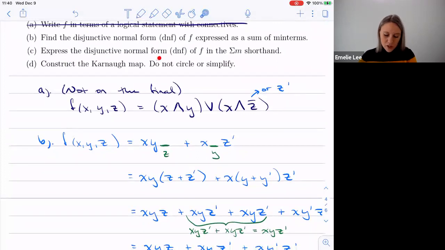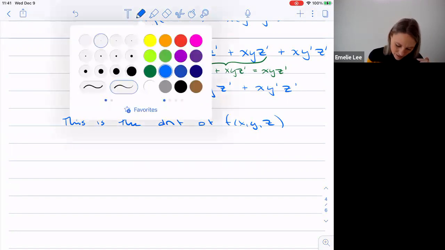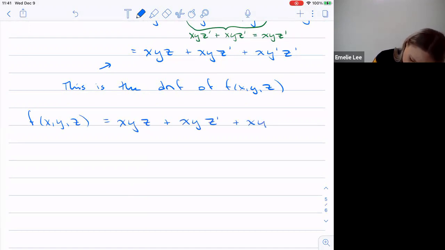Now express the disjunctive normal form, the DNF of f, in the sum of the min terms shorthand. Okay, so what I need to do is convert these to binaries, right? And so here, f of x, y, z is x, y, z, just rewriting it out here, plus x, y, z prime plus x, y prime, z prime.